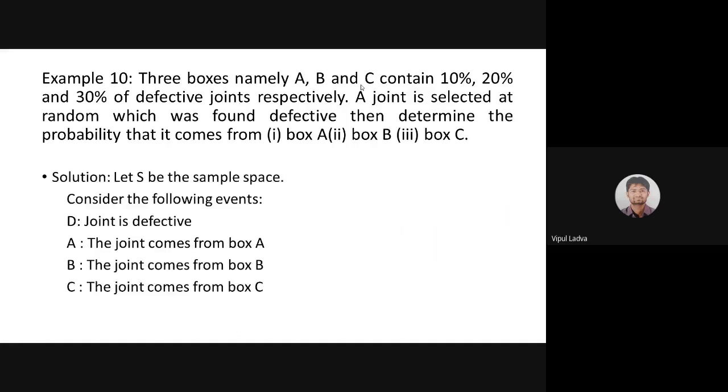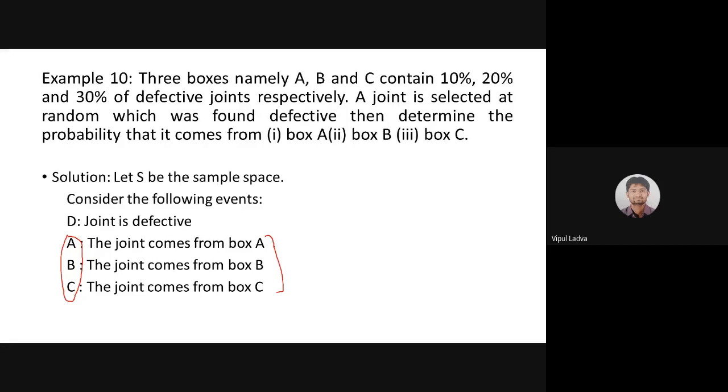Now let me take you once again over here. Yes, observe this A, B, and C. Can you identify these three are mutually exclusive and exhaustive events? Yes, these three events are mutually exclusive and exhaustive. Why? Let us discuss. If you are selecting a joint randomly, तो तीनों में से कोई एक ही बॉक्स में से आएगा, ये पक्की बात है.